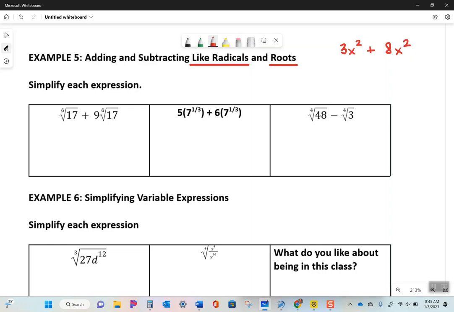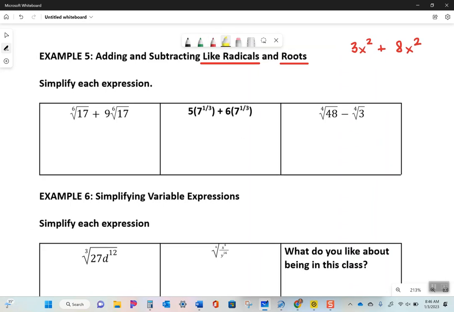11x squared, okay? So guys, when we start talking about adding and subtracting like radicals and roots, those roots, in this case, the first example, the 6th root of 17, those are kind of like your like terms. So what I might do is this. I might just say, well, this 6th root of 17, that's a like term with that right there, okay? Guys, what we really have here is this.